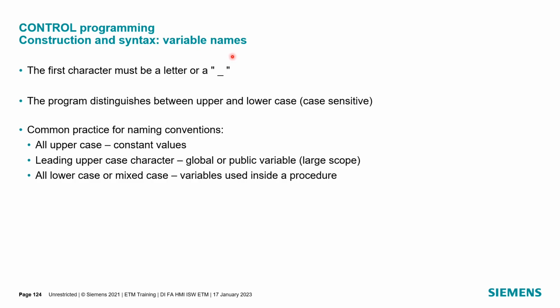Then some recommendations for variable names. The first character must be a letter or an underscore. Again, the program distinguishes between upper and lowercase, and for naming conventions you can say all uppercase will be constant values, a leading uppercase character will be a global or public variable, and lowercase or mixed case, or best practice camel case, for variables used inside a procedure.